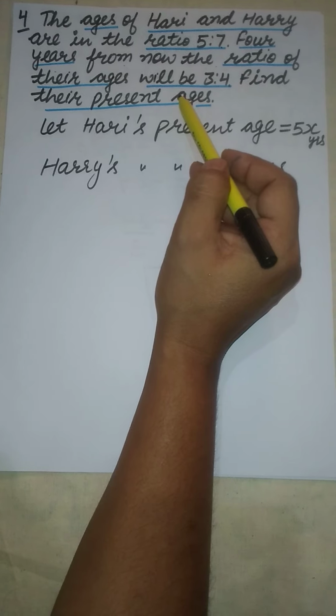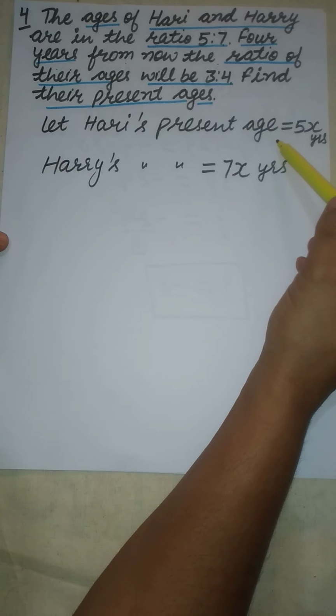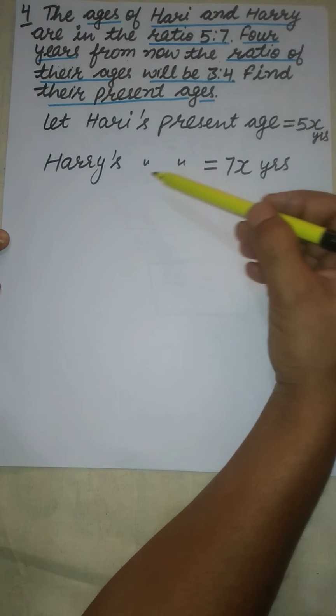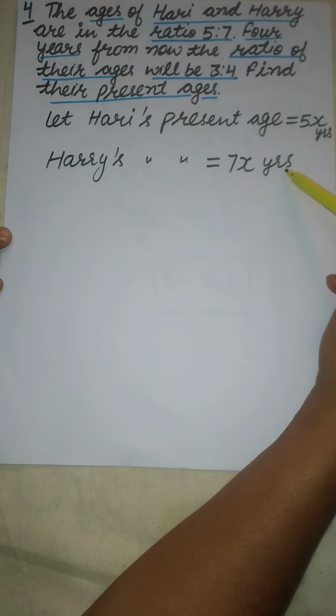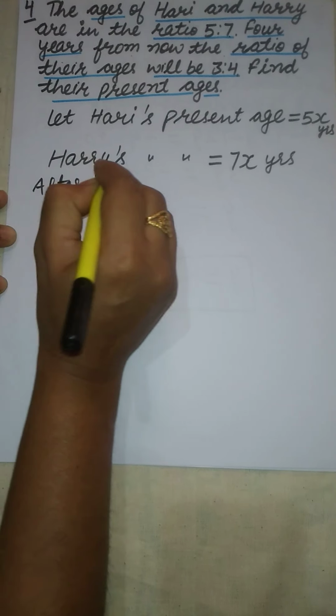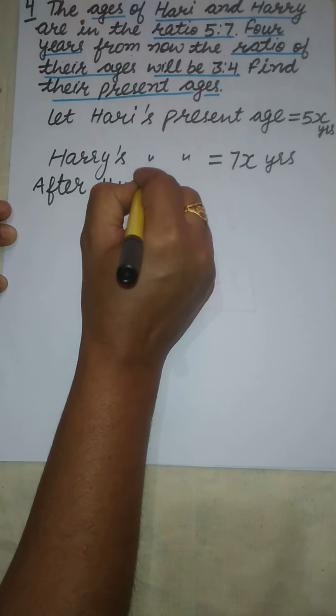It means after 4 years, Hari's age will be 5x plus 4 and Harry's age will be 7x plus 4. So firstly, we will write the age after 4 years.